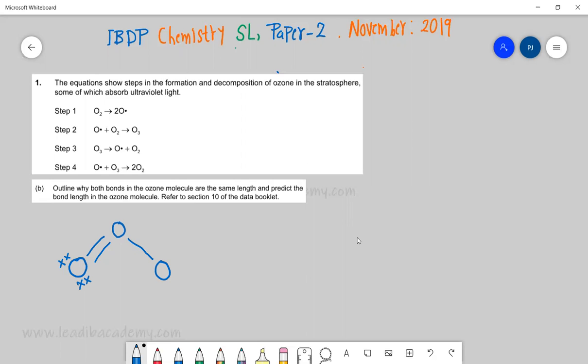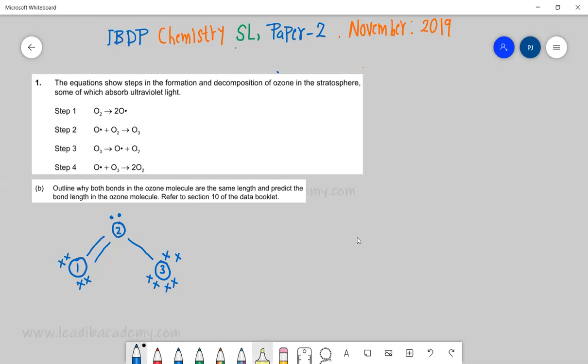I'm just reproducing it again. On one of the oxygens, there are 3 lone pairs. So 1, 2, and 3 oxygens. In this structure, the double bond is between 1 and 2, which you can clearly see.